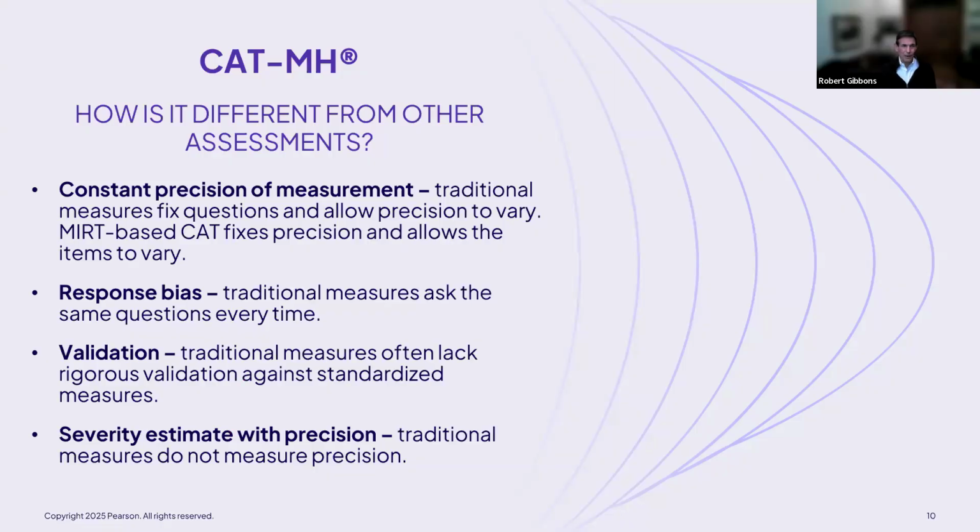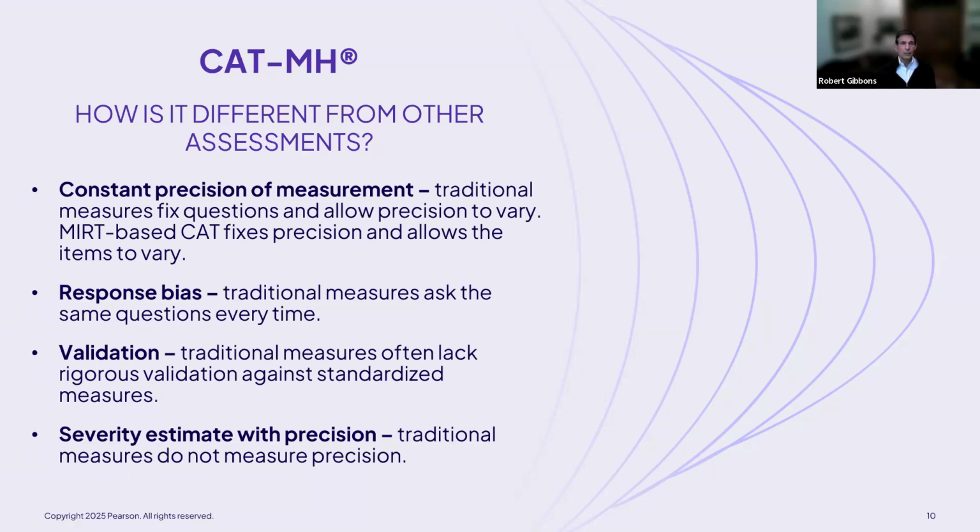So, what do you get for all of this mathematical wizardry? Well, the first thing you get is a constant precision of measurement. So, traditional measures fix the questions and allow the precision of measurement to vary. Multidimensional IRT-based CAT fixes the precision and allows the items to vary both in number and in content.